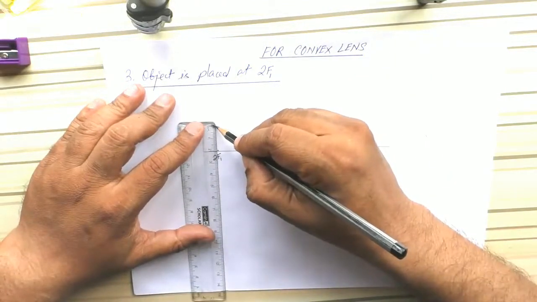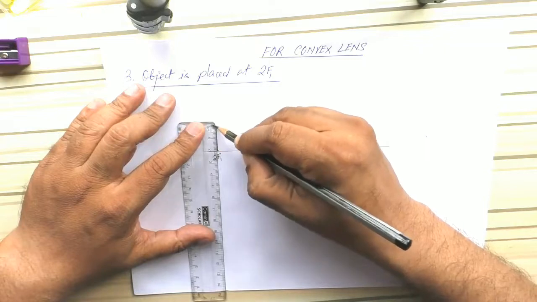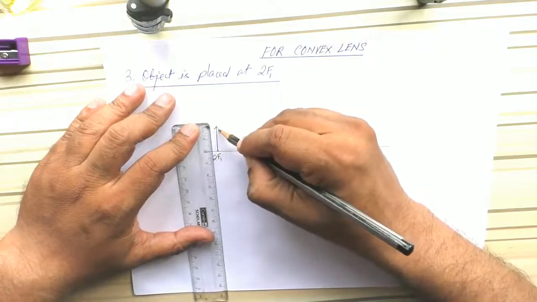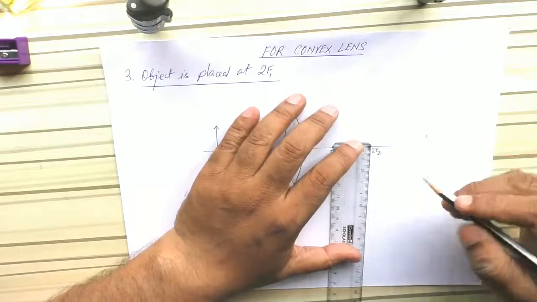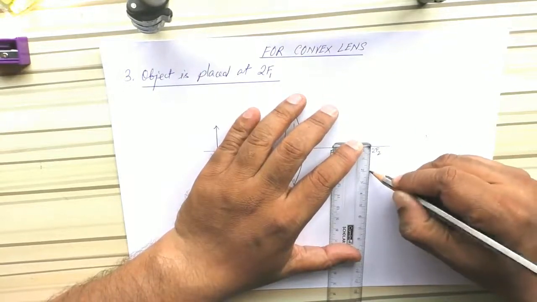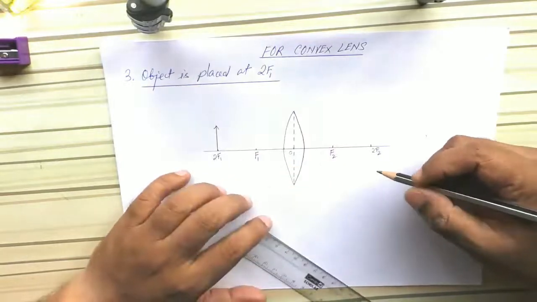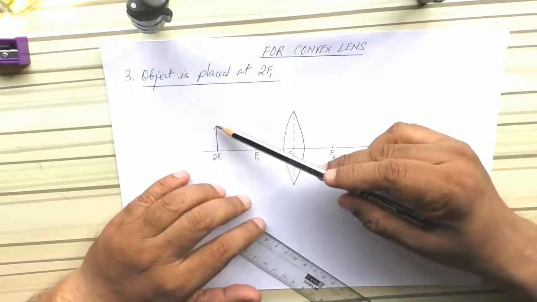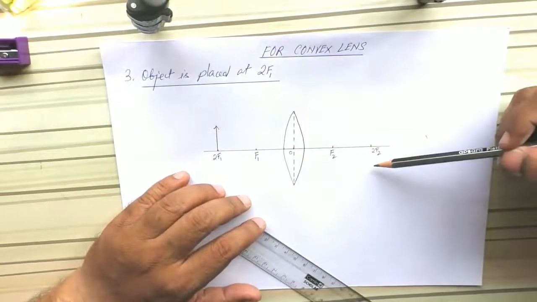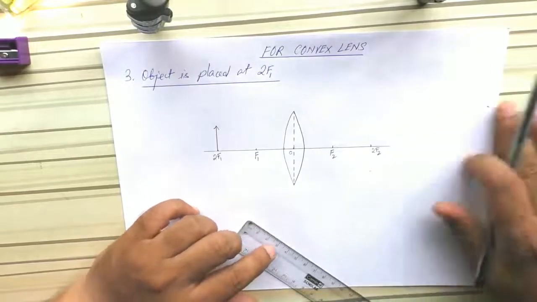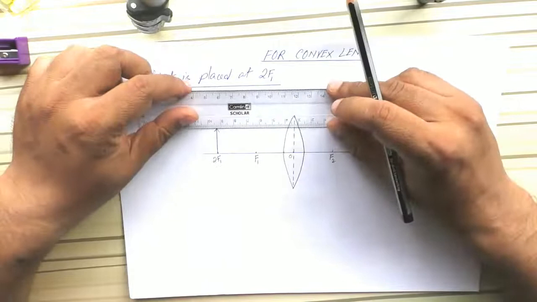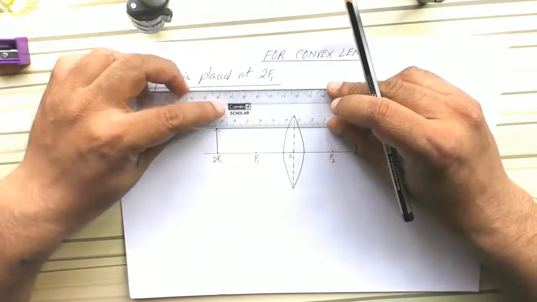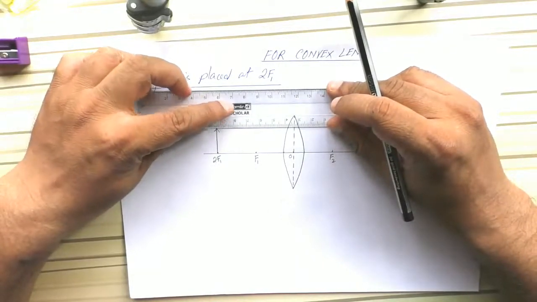Object is placed at center of curvature, and image is also formed at center of curvature. And if you mark a point at the same length and height as the object for image, it will be easier. It is very difficult to draw since accurate measurement is required.